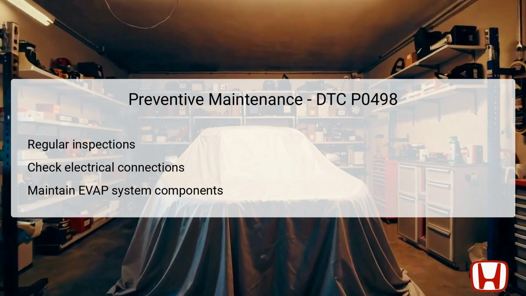To prevent future occurrences of DTC P0498 or related issues in the EVAP system, regular maintenance is key. Conduct periodic inspections of the system, focusing on the physical condition of all components, including the EVAP canister vent shut valve.